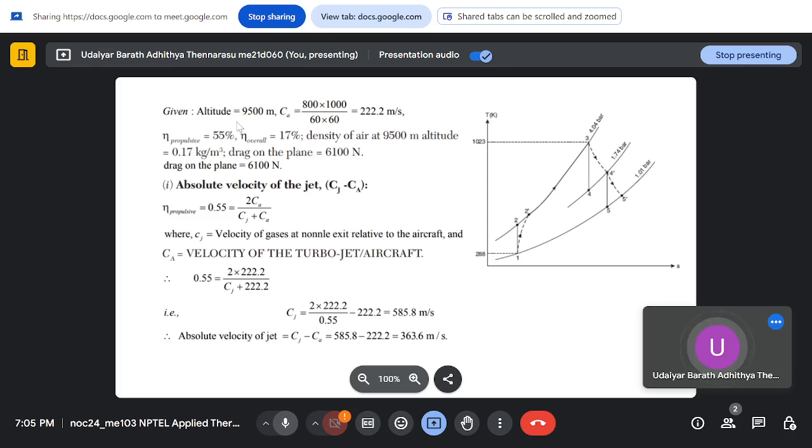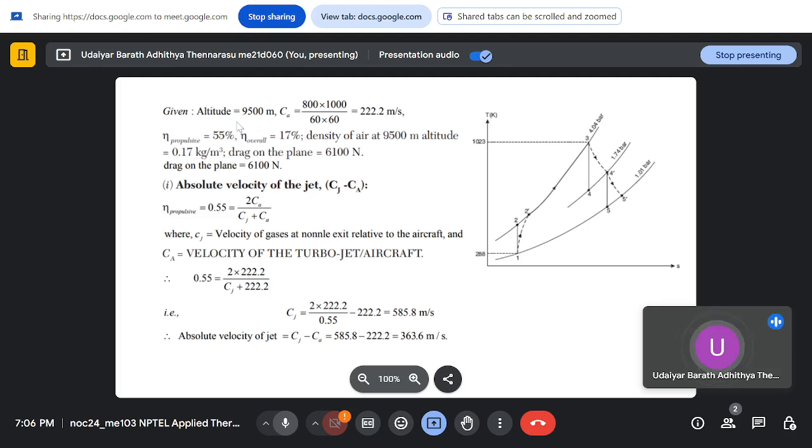So first we need to find out the absolute velocity of the jet, which is Cj minus Ca. The propulsive efficiency is 55%, so 0.55. Propulsive efficiency is given as 2 times the aircraft velocity divided by the jet velocity plus the aircraft velocity. So substituting the aircraft velocity and propulsive efficiency, we can find out the jet velocity.